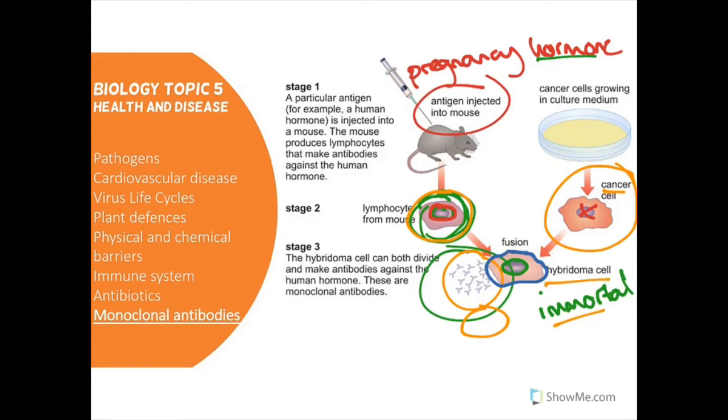These cells are called hybridoma cells. Hybrid means more than one thing, and we can use these hybridoma cells to make tons and tons of the pregnancy antibody, and we can extract that antibody and put it into pregnancy tests and sell them for money.